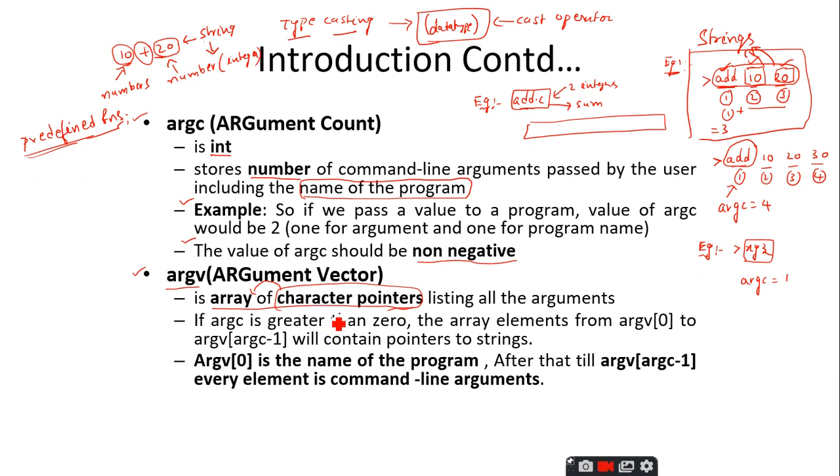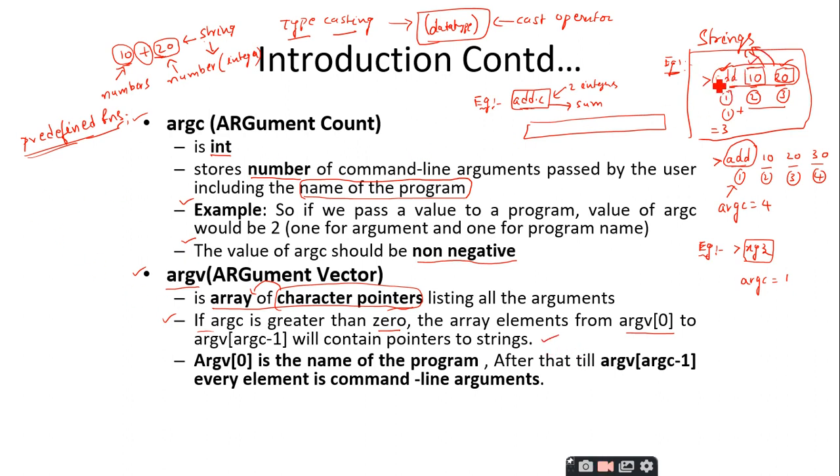So, that is all about the argument vector, and he is giving some more examples: if argc is greater than 0, that means argument count is greater than 0, the array elements from argument vector 0 to argument vector argc minus 1 will contain pointers to strings. What does it mean?